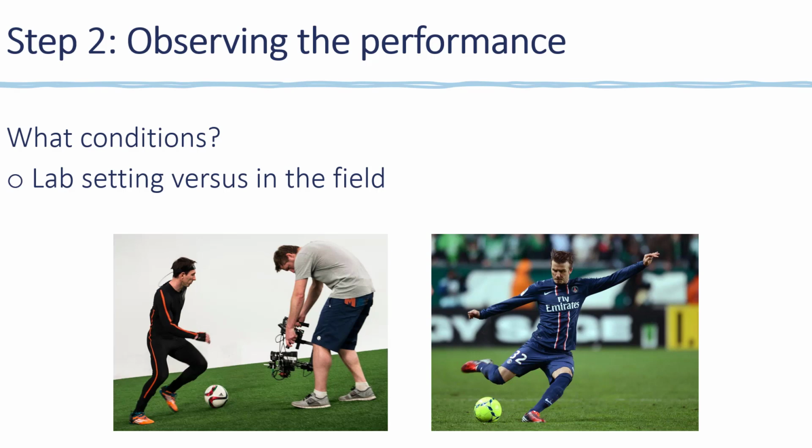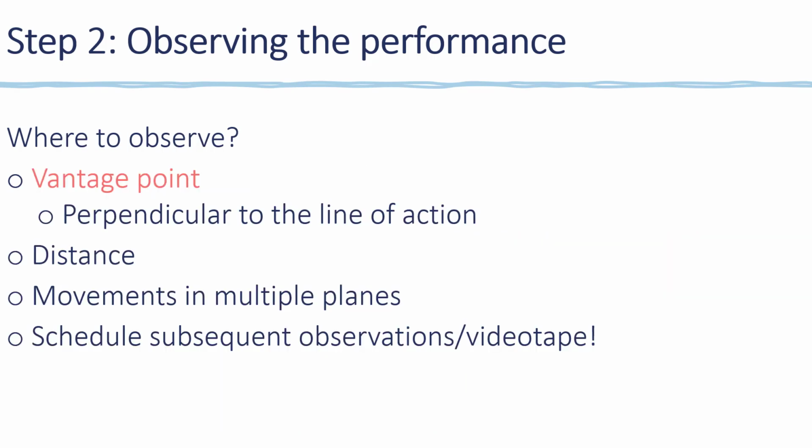So there has to be some sort of compromise to simulate the normal performance environment, but also minimize distractions and make it possible to observe the performance. So your vantage point when observing the performance is important because it affects what parts of the performance you'll see.